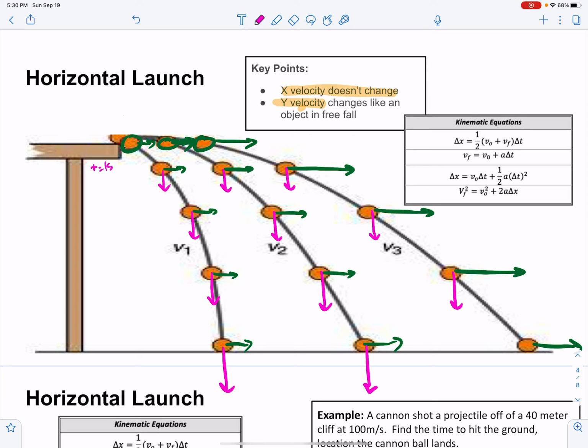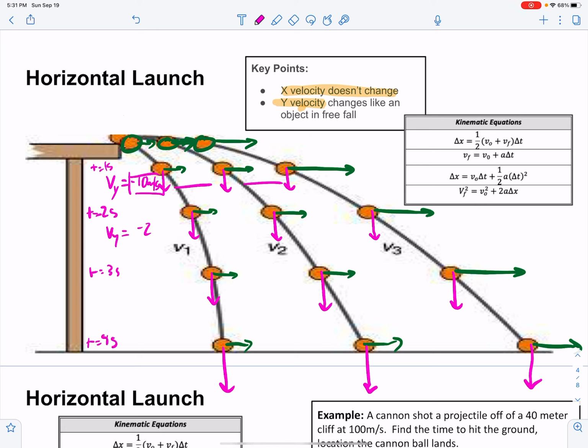Okay, and we treat the vertical velocities like a free fall problem. So at t equals 1 second, t equals 2 seconds, t equals 3 seconds, t equals 4 seconds, we have our vertical velocity equal to negative 10 meters per second at t equals 1. That applies to all of these guys.